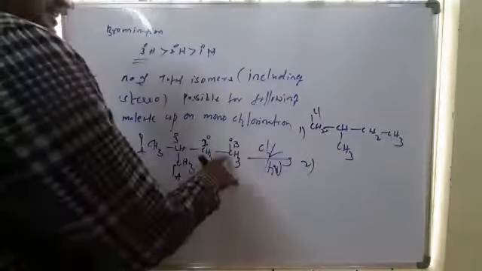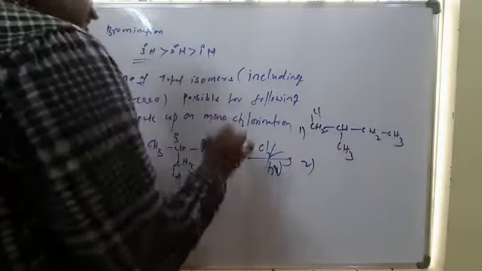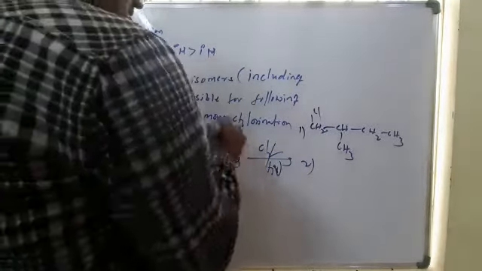Then displacement of primary B gives CH3, CH, CH3, CH2, CH2, Cl.